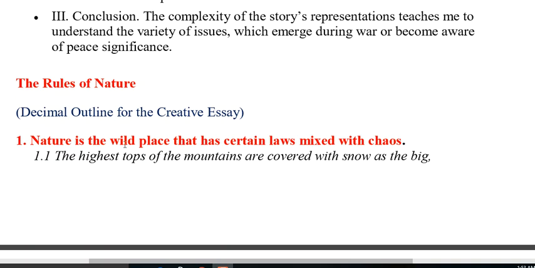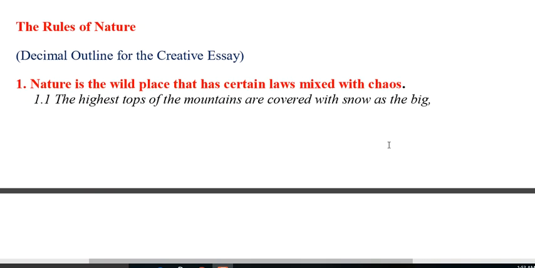Nature is an open environment, uncontrolled, where there are certain laws and a rulelessness. By reading this you may easily understand.